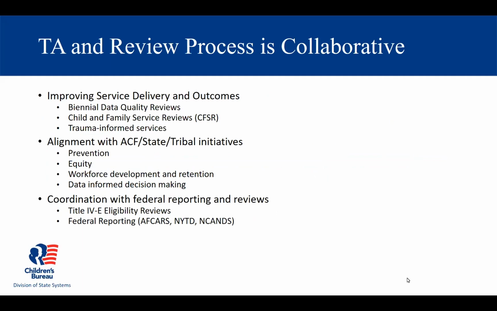So finally, this one is really important too. We want a collaborative process. We want to move away from a process that folks may feel is a gotcha kind of process. And we want to think about what it means for our process to be collaborative. It really means, I think, that we have joint commitment and a mutual understanding of the work that's being done and what still needs to be done.